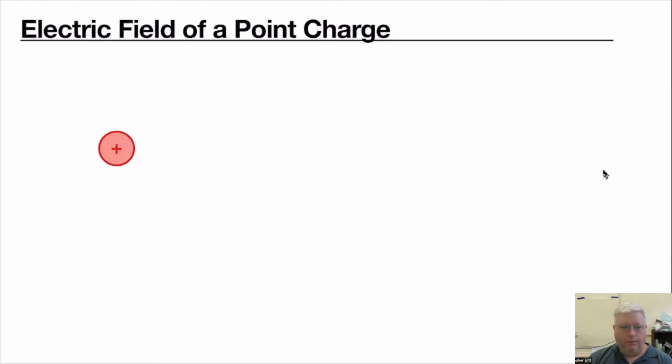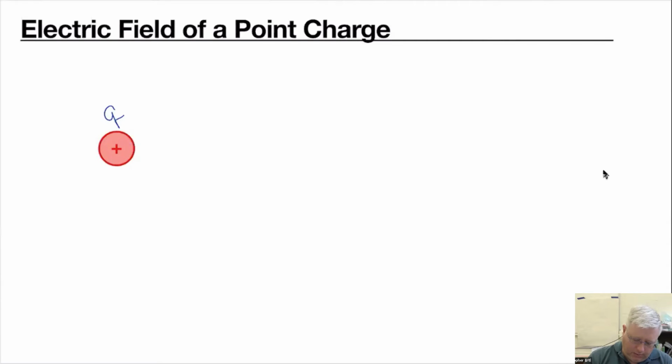So if we say that this is charge, we'll call it lowercase q, and we want to know what the electric field strength is here, we need to put our test charge, or our probe, right there.